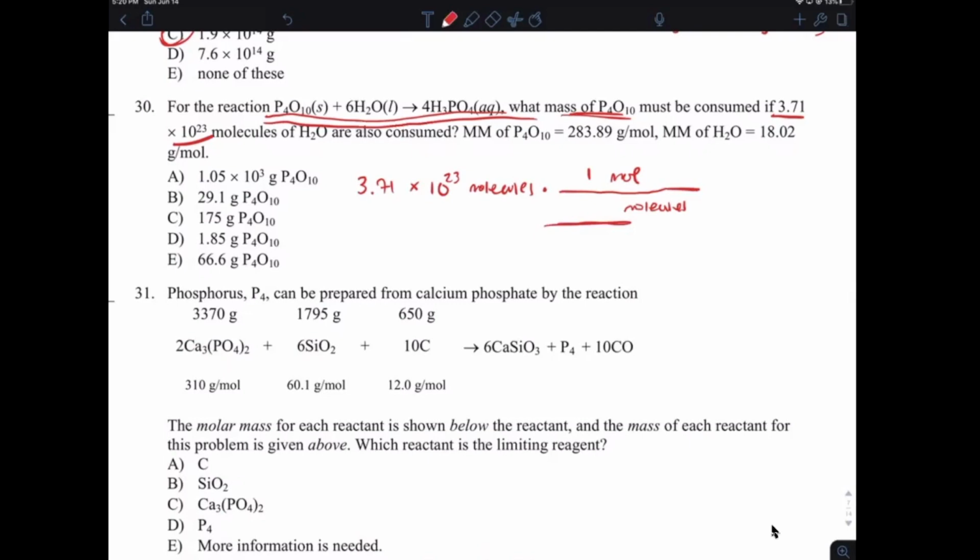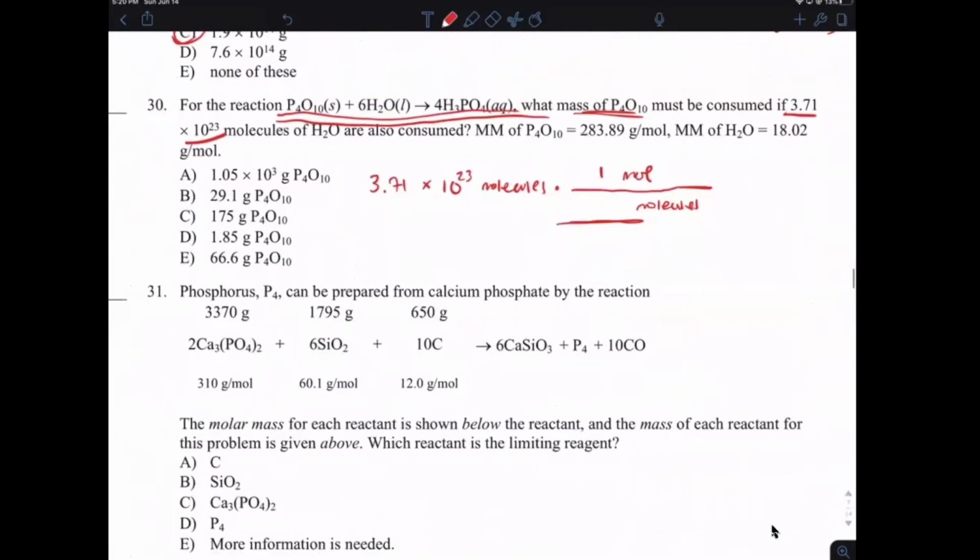Does anyone know the number off the top of their head? It's around 6.022 times 10 to the 23. Okay, so let's convert to moles of, what do we start with? Water. So then we get around 0.616 moles of water.